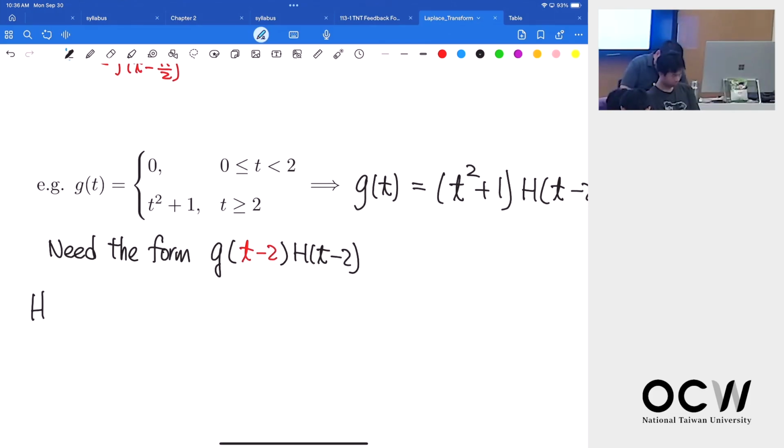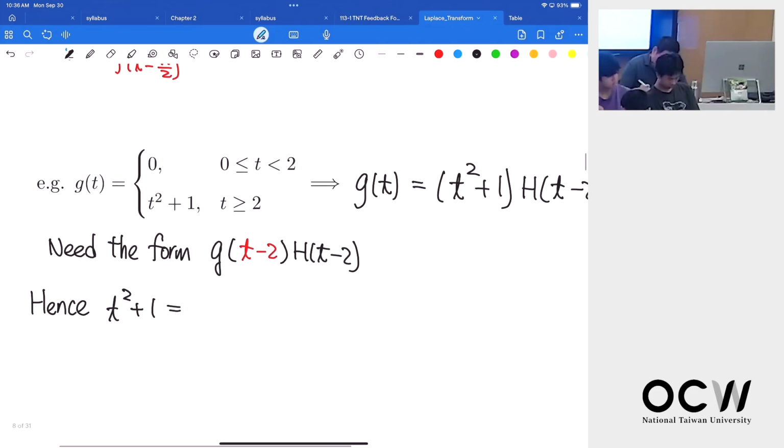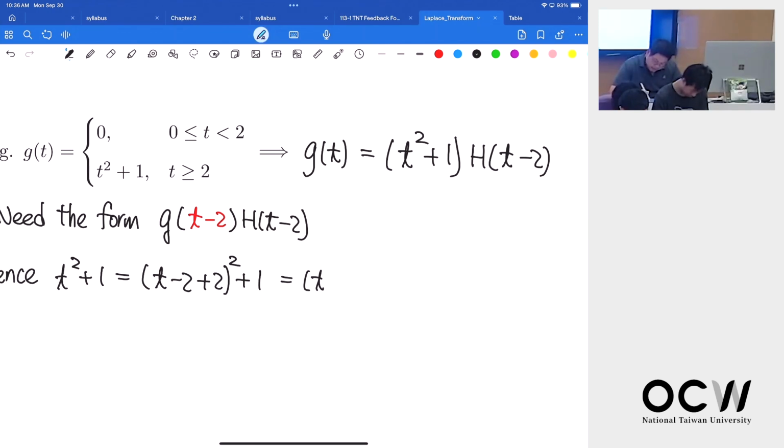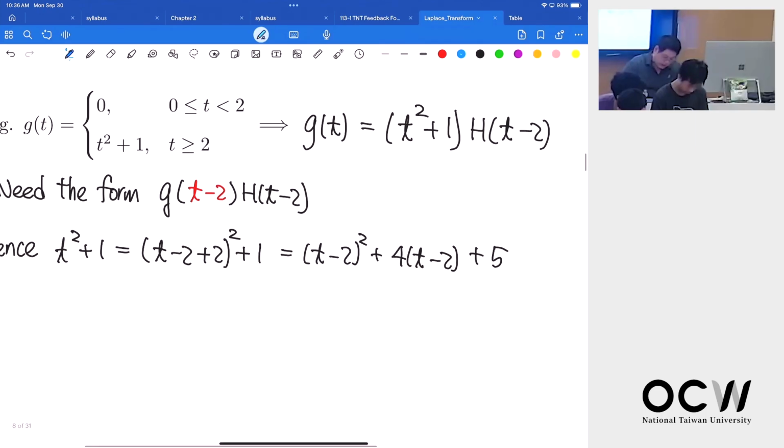So we need to rearrange. The t squared plus 1 becomes t minus 2 plus 2 squared plus 1. In this case, we have t minus 2 squared plus 4 times t minus 2 plus 5. And this is the Taylor series for this function t squared plus 1 about 2.